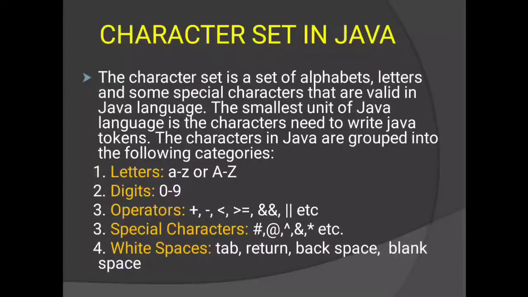Then special symbols, you know, at the rate, hash, exponent and star, all those are special characters. Those characters we also use in Java language. Then white space means tab, return, backspace, blank space; all those characters we will use to write a Java program. Then next we will proceed.